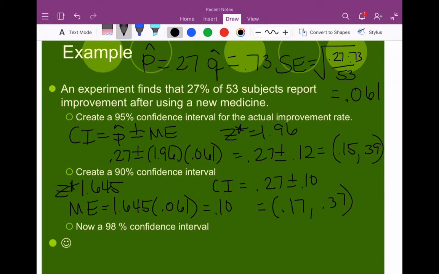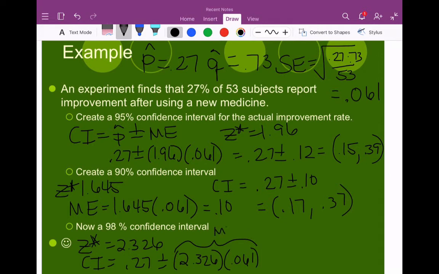Finally, we want a 98% confidence interval. To be 98% confident, I have to have a critical value of 2.326. So my confidence interval will be my sample proportion plus or minus 2.326 times my standard error, because again, this right here is my margin of error.